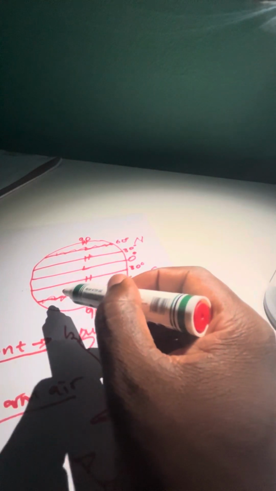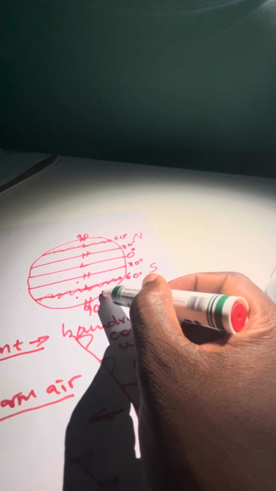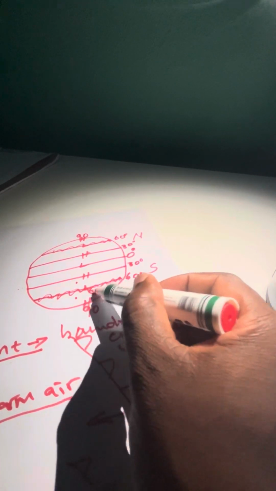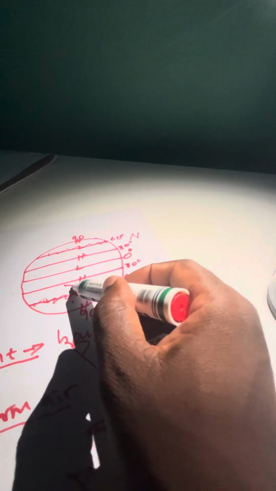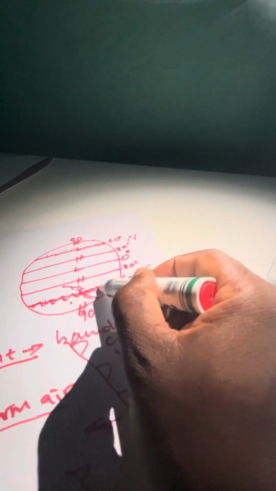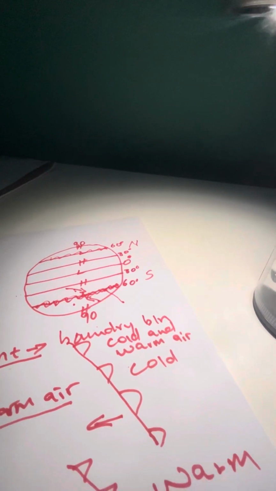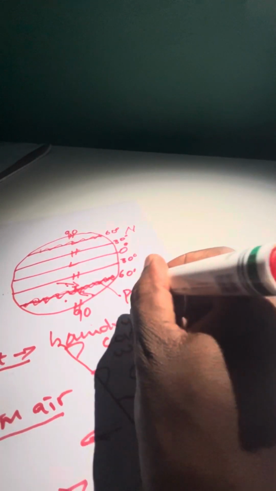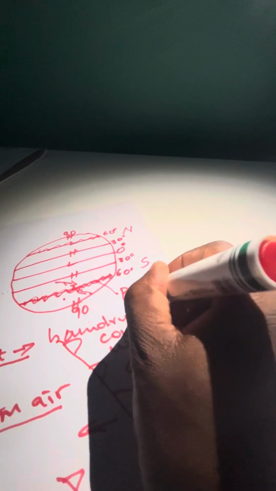So this air will meet with the air that is coming from this region. So warm will meet cold, therefore you have a front. Okay, and this front now will take the name of where it is found, which is at the polar region. Therefore it's called what? Polar front.